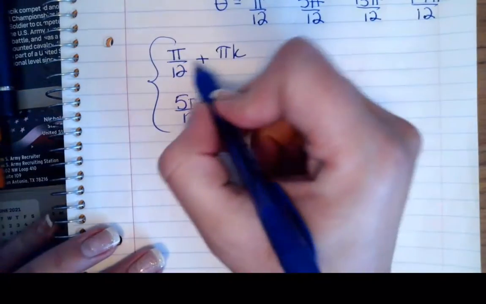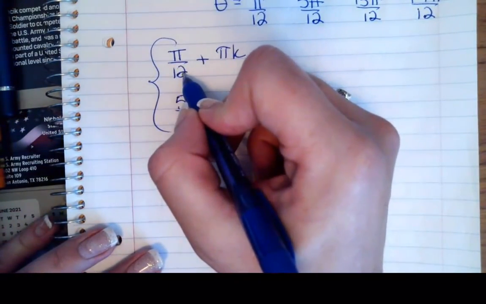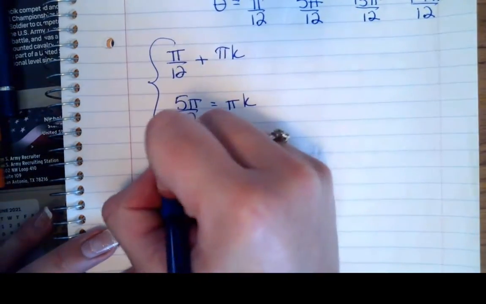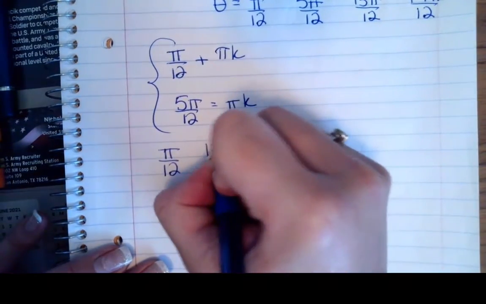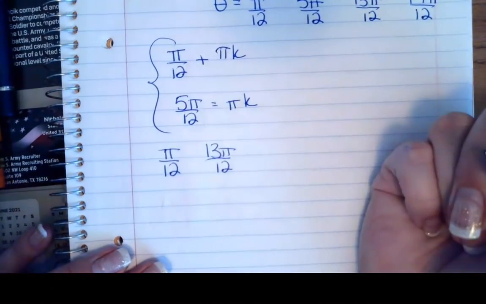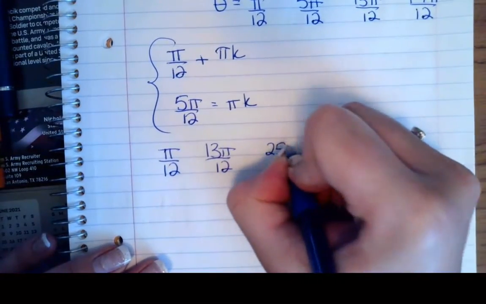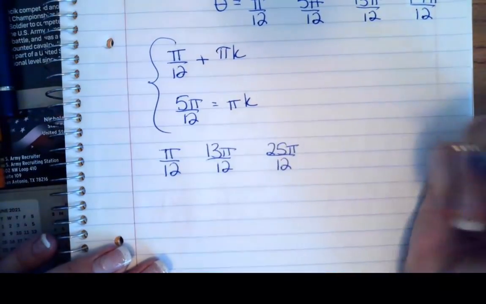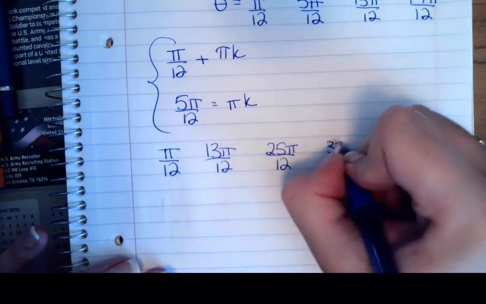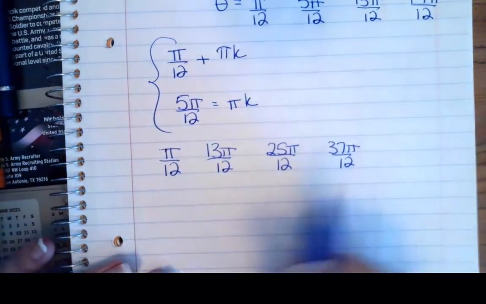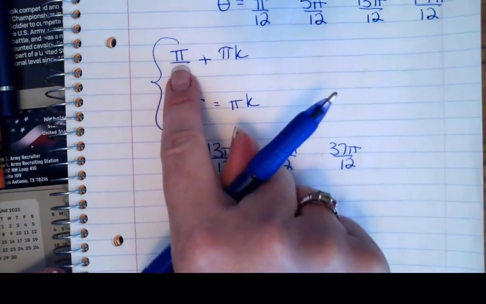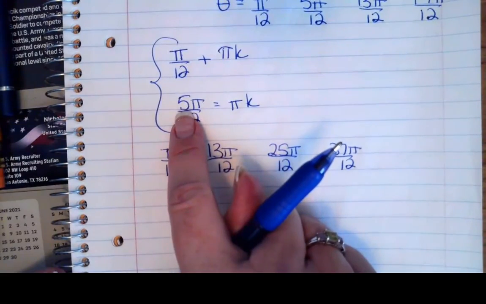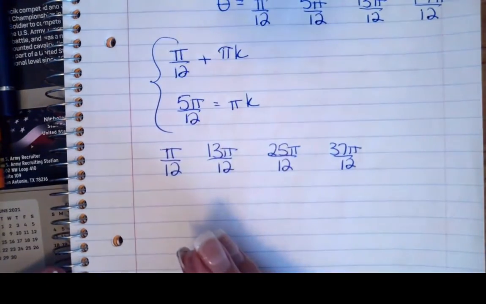Okay, so I've got pi over 12 plus a pi is going to be pi over 12, plus 12 pi's over 12 is 13 pi's over 12, plus pi over 12 is 25 pi's over 12, plus pi over 12 is 37 pi's over 12. So I've got the first 4 iterations of this one. Now I'm going to do the first 4 iterations of this one. I'm going to pull the 6 smallest.